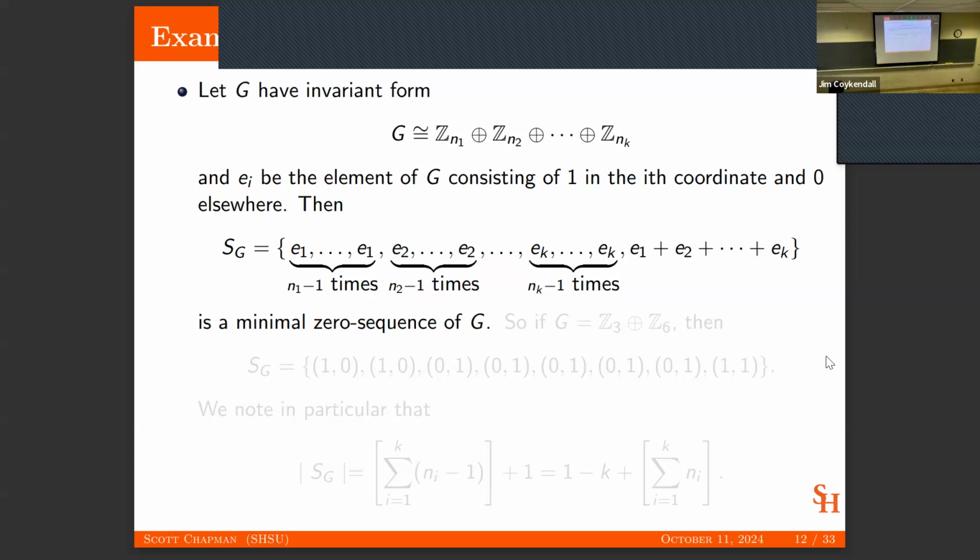But I can get 0 back by what? Throwing the sum of these things onto the end. Because look, now I've got what? n sub 1 E1s. I've got n sub 2 E2s. I've got n sub k Eks. So when I add that up, I get a what? A zero sequence, and it's not hard to argue that it's minimal.